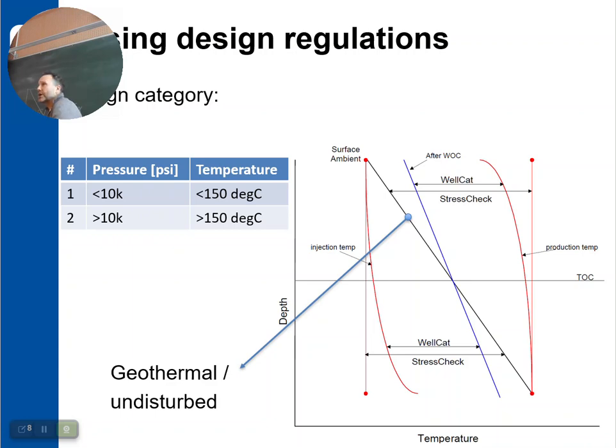Velcat is actually a regulation that many set as a requirement from UC design category 2. If you have the condition that the well is more than 10,000 psi and 150 degrees Celsius, then definitely Velcat is your case. One of the things that Velcat does is to model annular fluid expansion.